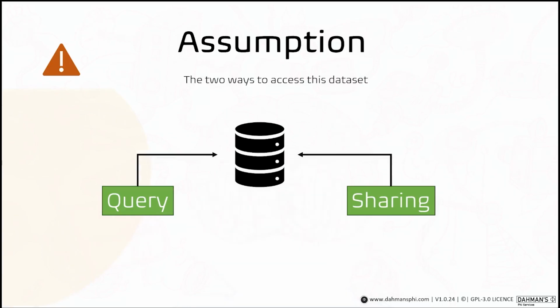Essentially, there are two ways to access a data set, as I have established in my previous session. The first is to consider the query scenario, and the second is to consider a shared copy of the data set. As I have said, many materials discussing the topic of privacy and data fail to clearly and explicitly mention the two scenarios.